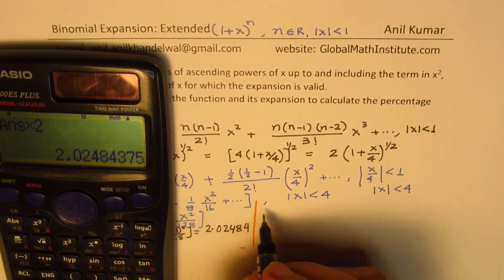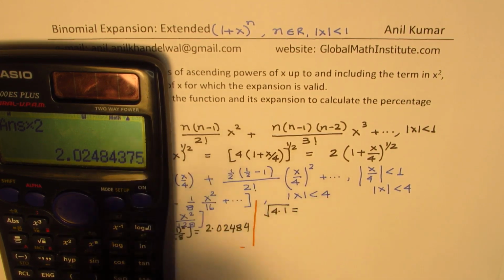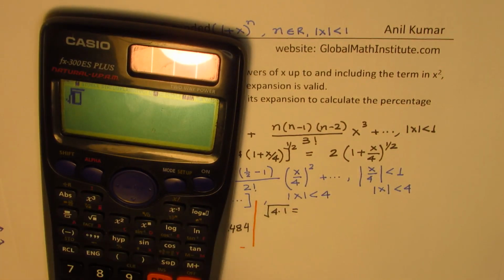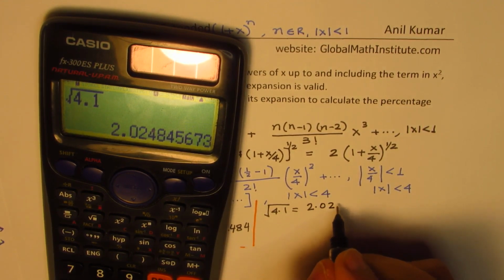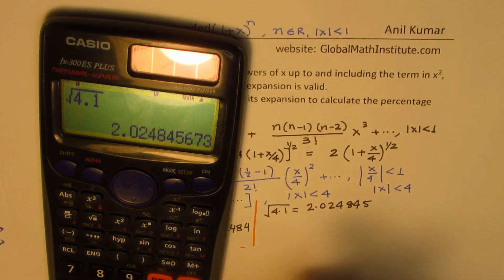Now let us calculate the square root of 4.1 using the calculator. Square root of 4.1 in decimals is equal to 2.024845, right?